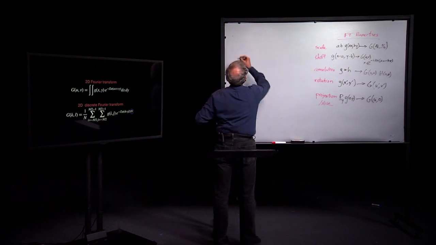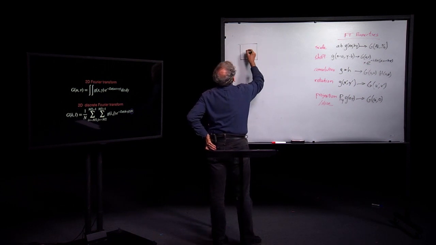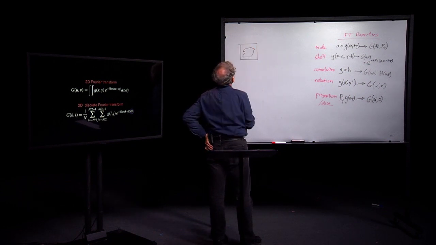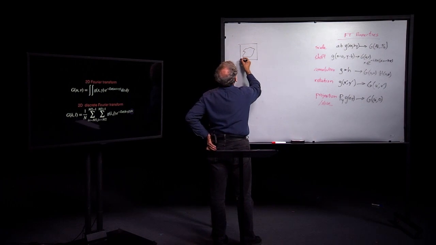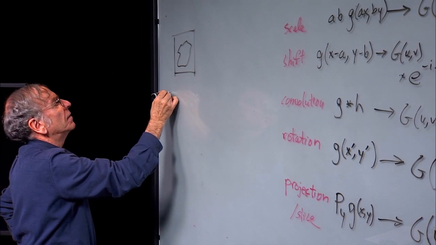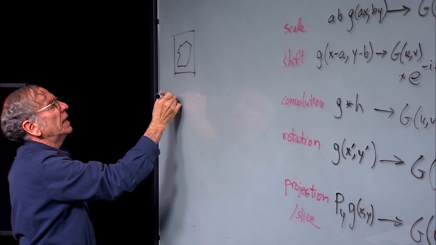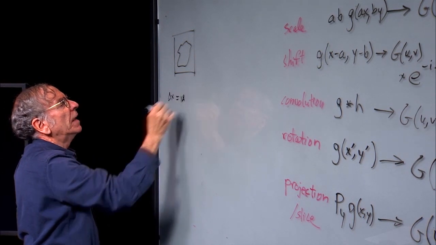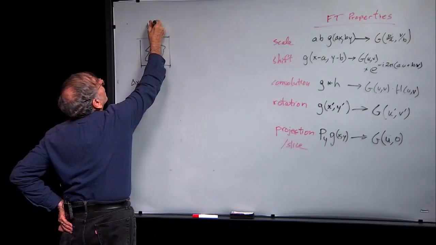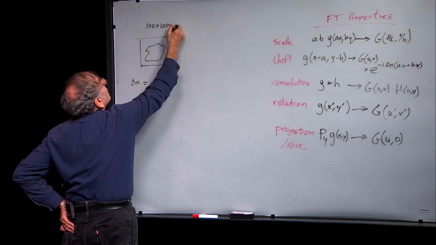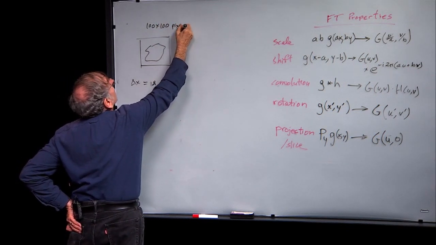Let's suppose that we have an image. This is an image of your favorite molecule. And let's suppose that we have sampled it with a pixel spacing of 1 angstrom, and maybe we have a 100 by 100 pixel image.